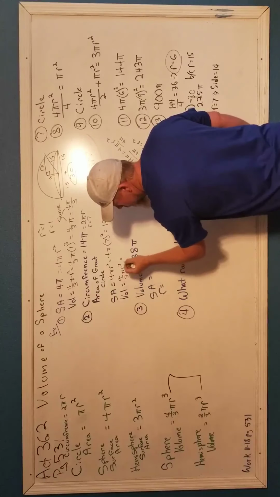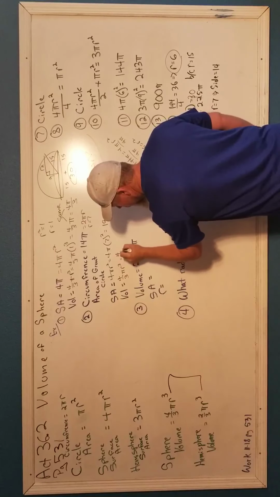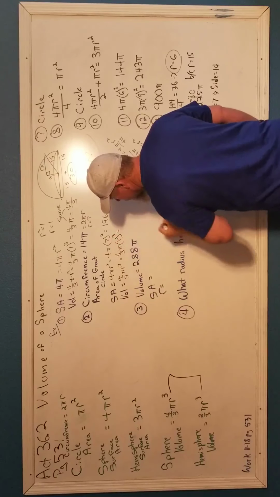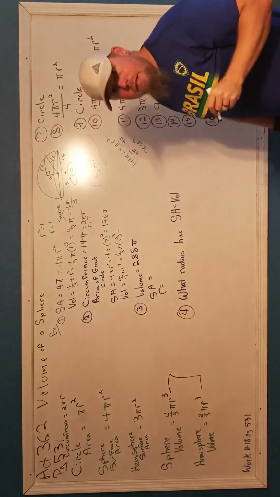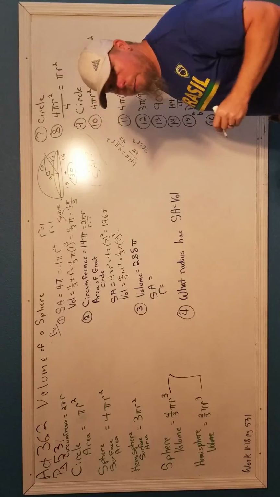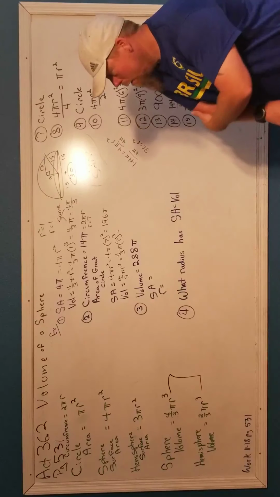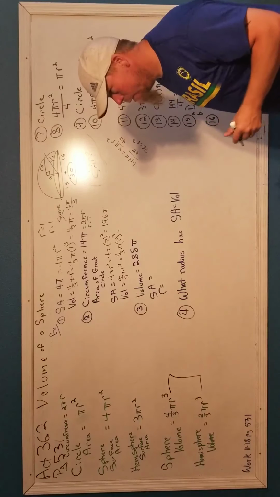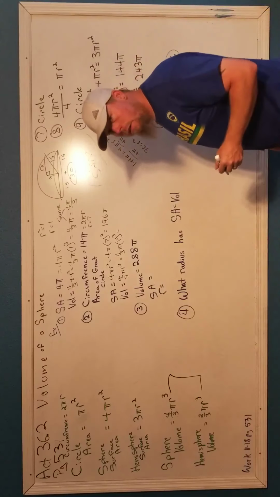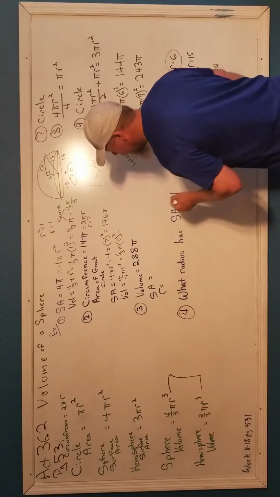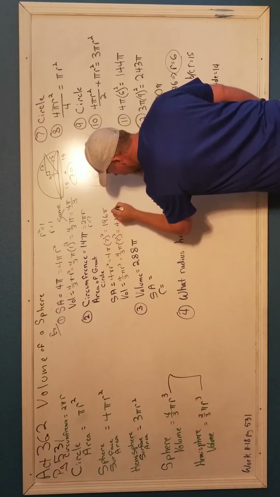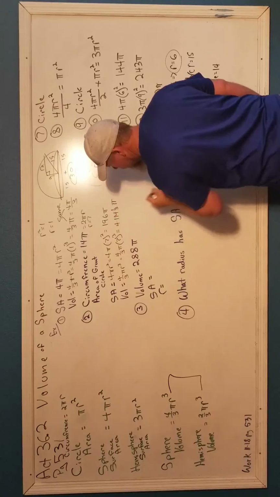So 4/3 pi r cubed, we're going to plug in 4/3 pi, and then instead of r, I'm going to put 7 to the third. So 7 squared is 49, times 7 is 343. 343 divided by 3 is going to be 114 and 1/3, so we're going to get 4 times 114 and 1/3 pi.